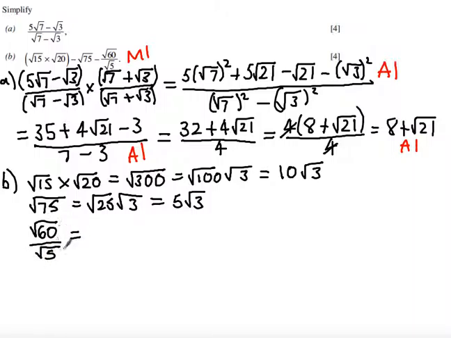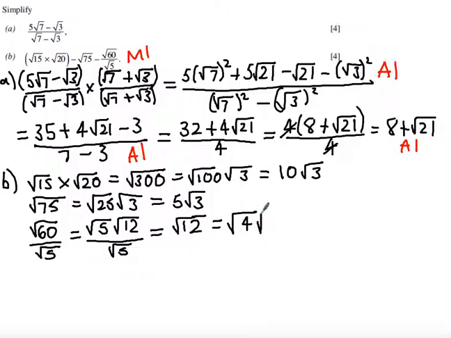In this situation, you can try and rationalize it by multiplying top and bottom by root 5, or if you can see that the bottom term has a factor in the top one, you can break it up. So I can rewrite this as root 5 times root 12, because that will give me root 60, over root 5. And then the root 5s cancel, so I get root 12. Root 12 can be simplified further because 12 has the square factor 4, so I can write this as root 4, root 3, and then square rooting the 4, I get 2 root 3.